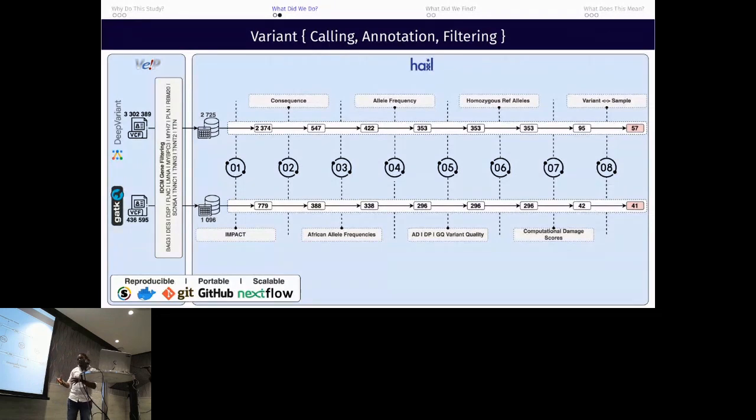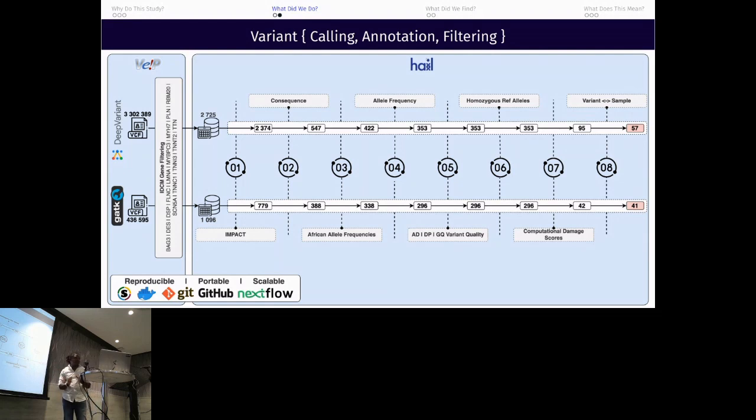It takes your VCF and puts it in an elegant data structure where you are able to analyze each variant according to the qualities, the metrics, and everything that is associated with that variant. And then after loading it in there, we started looking at what each variant was annotated with according to VEP.